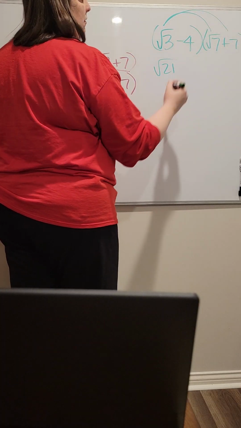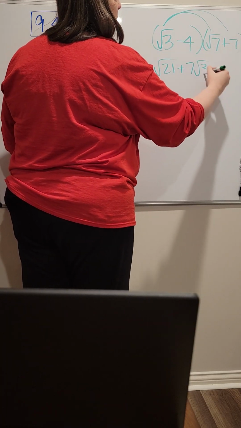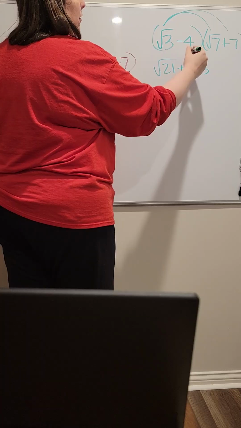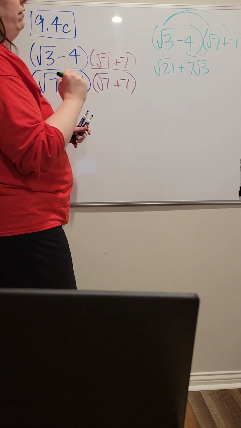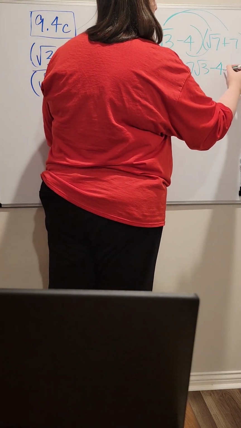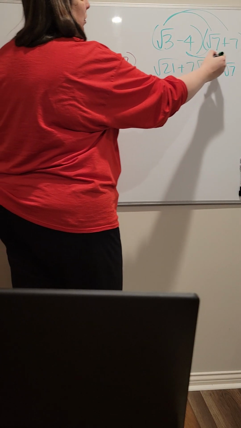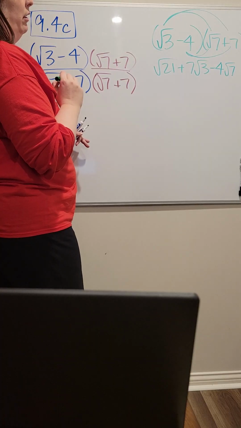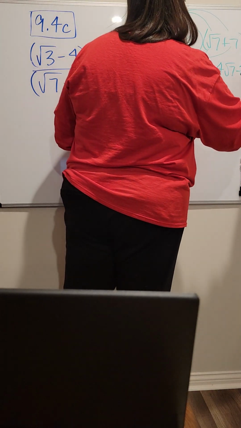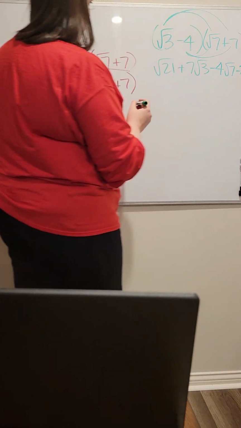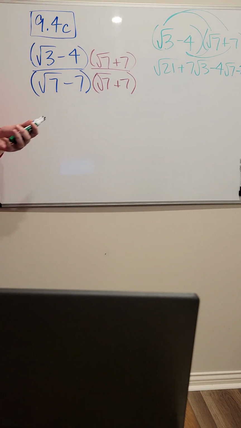Square root of 3 times 7 is just 7 square root of 3. Negative 4 times the square root of 7 is minus 4 square root of 7. And then minus 4 times 7 is negative 28. Okay, that's going to be your new denominator, or numerator I should say.